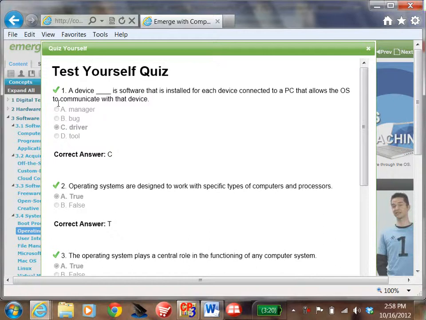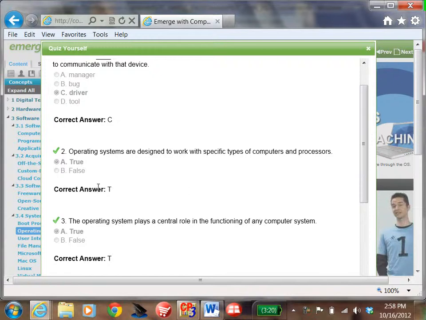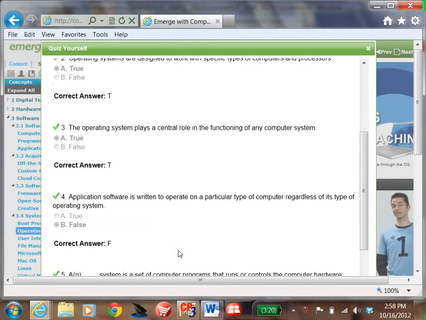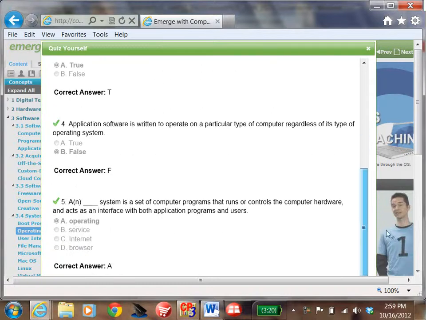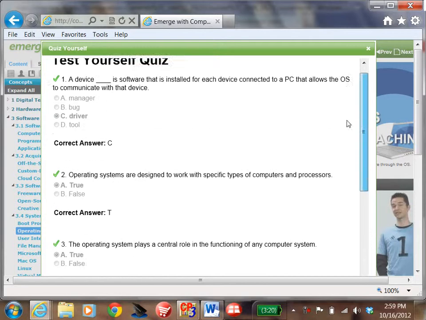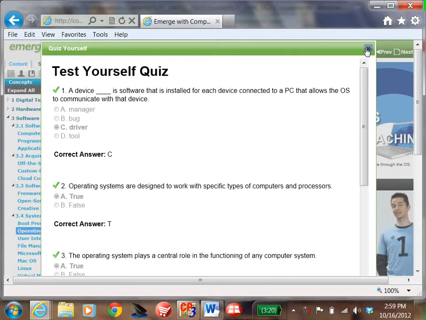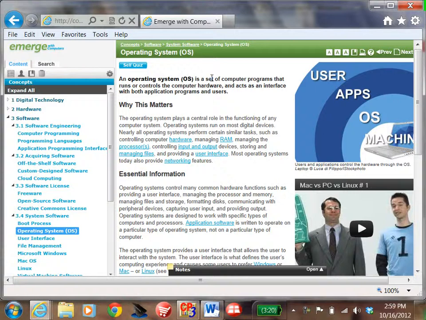So device driver, the correct answer was C. Operating systems designed to work, that's true. Operating system, true. Application software, false. Oh, it's a pretty easy quiz. I mean, their quiz is a little too easy, actually, in many cases. But some of the questions are good, okay, and you should go through and do that as a way of reviewing.